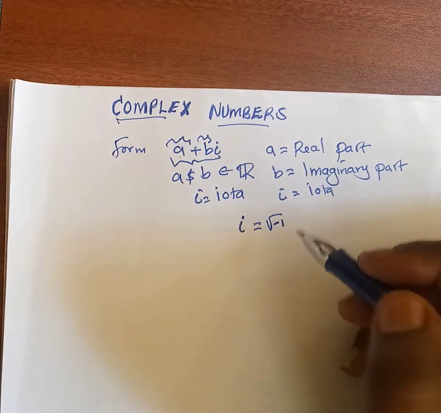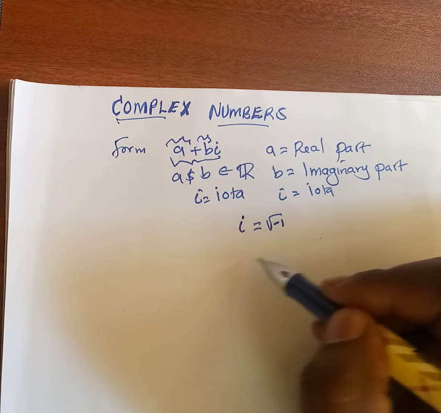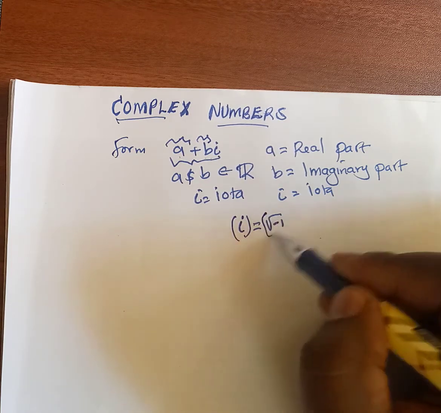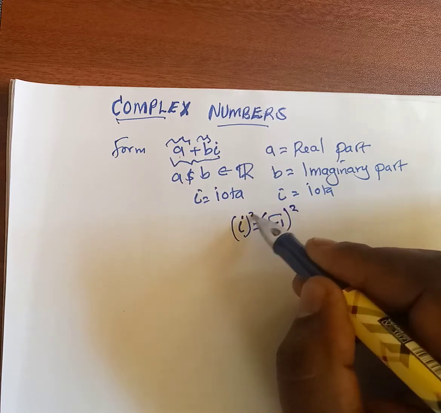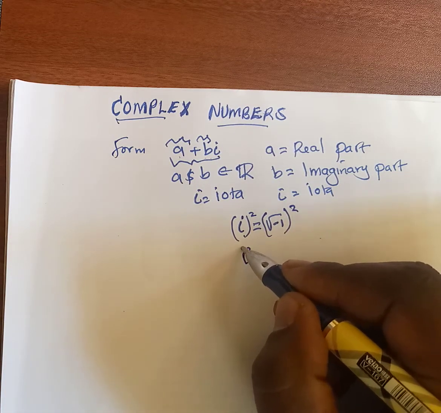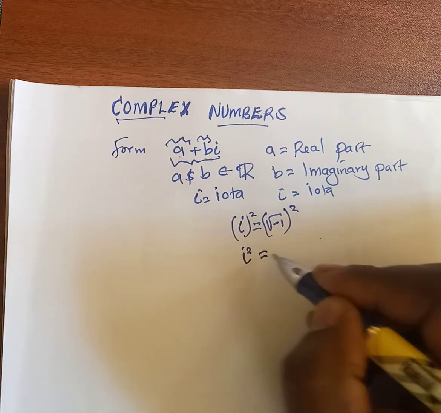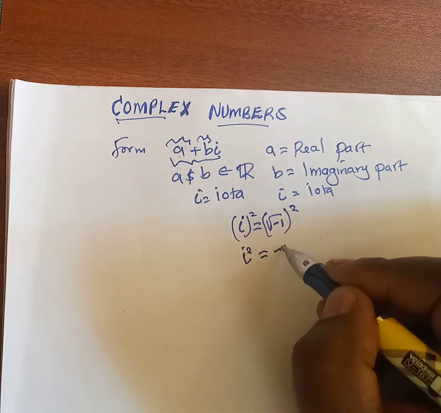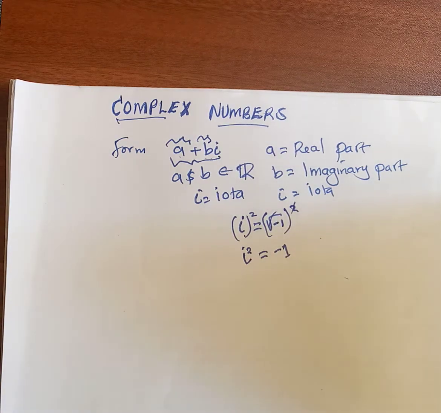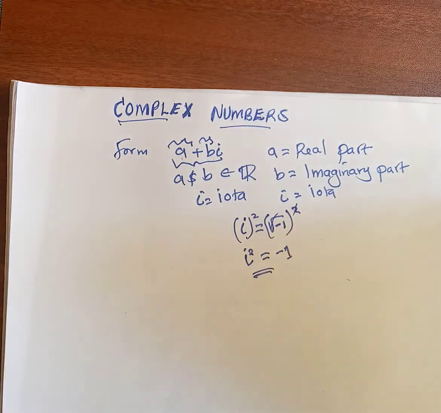And in this case then, if you want to remove this square root, of course we say you square both sides, and therefore on your left hand side you'll have I squared equals -1, because the 2 will cancel the root.